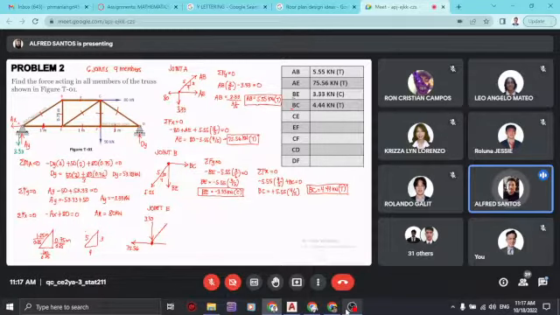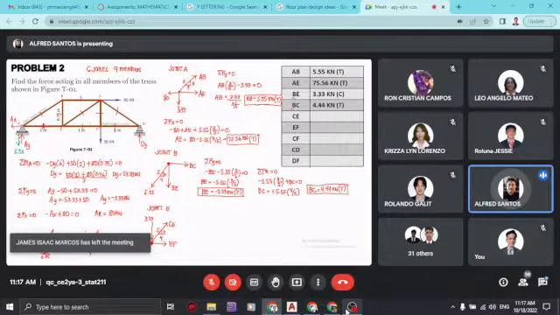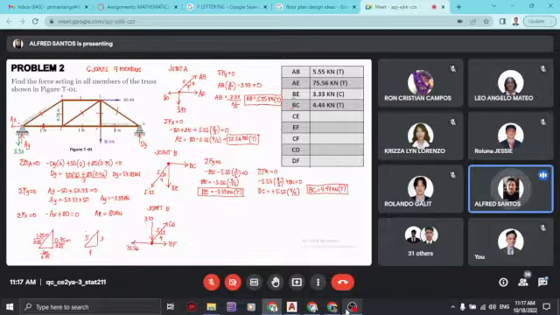And then you have your CE and your EF, which hindi pa natin alam yung behavior nila, so let's assume na parehas silang tension. Your slope again, parehas pa din, 3, 4, 5, kasi uniform naman yung pagka-construct nung truss na given.